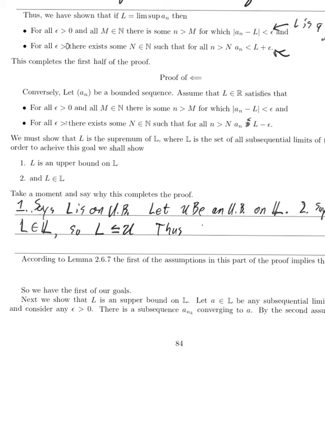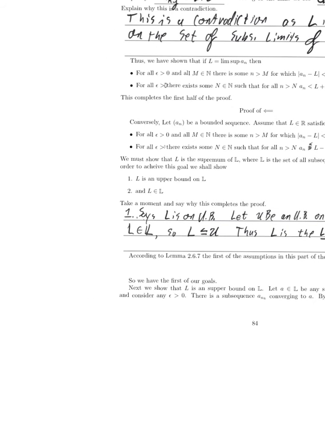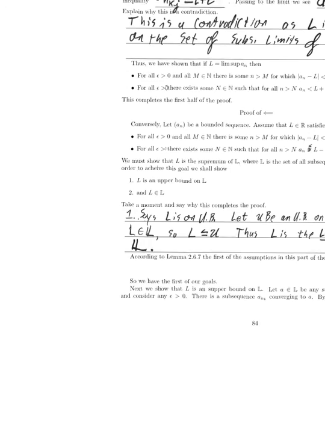Thus, L is the least upper bound. But the least upper bound on L is exactly what we mean by lim sup.